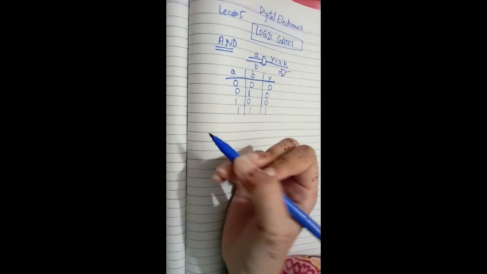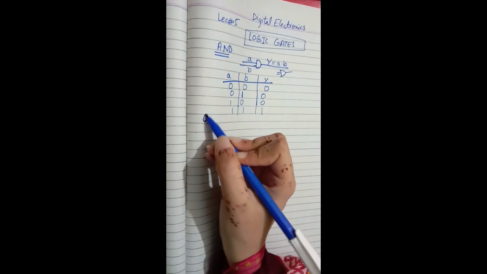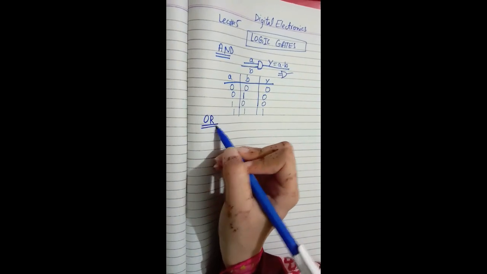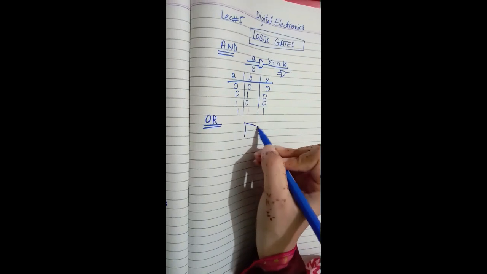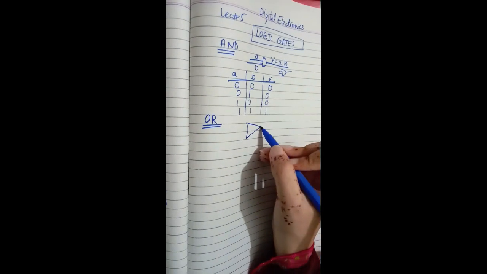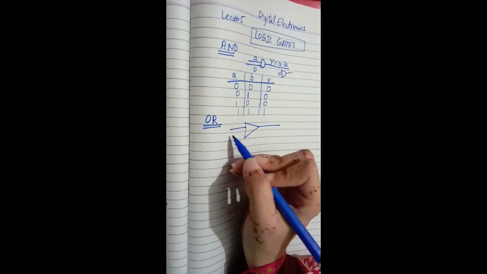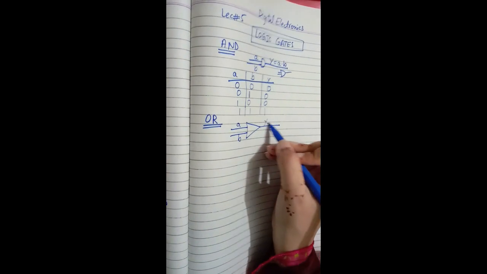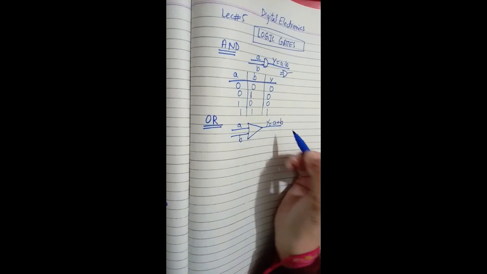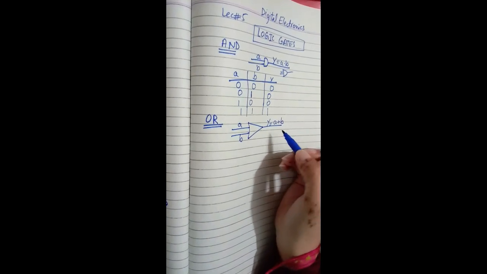Okay. So the next gate is OR, which says the addition process. Its diagram is like this. The arrow, two inputs A, B, the output is Y, which says A plus B, the addition of both inputs.